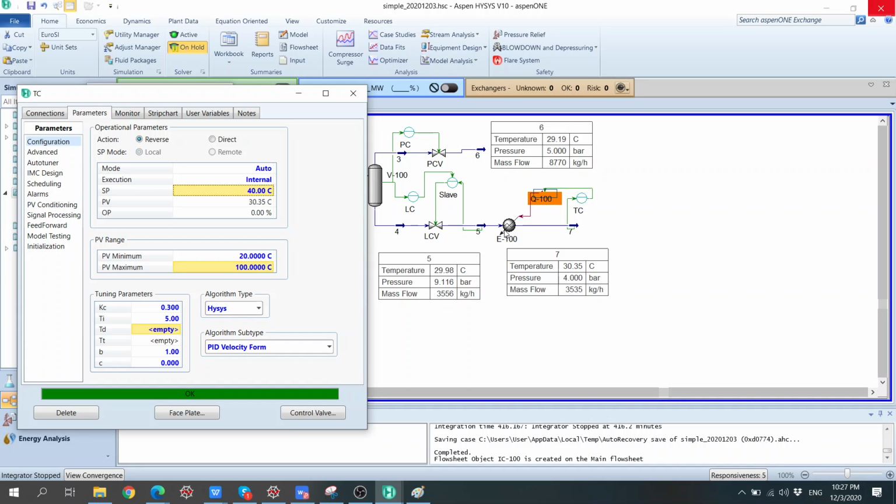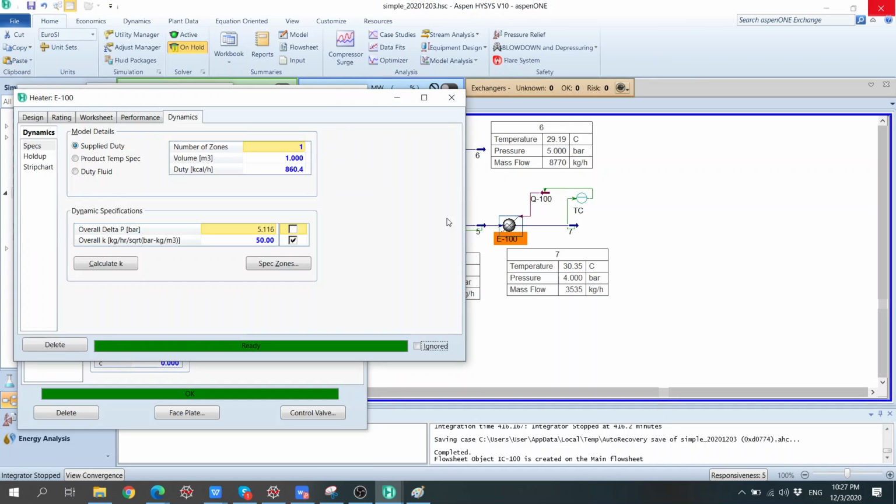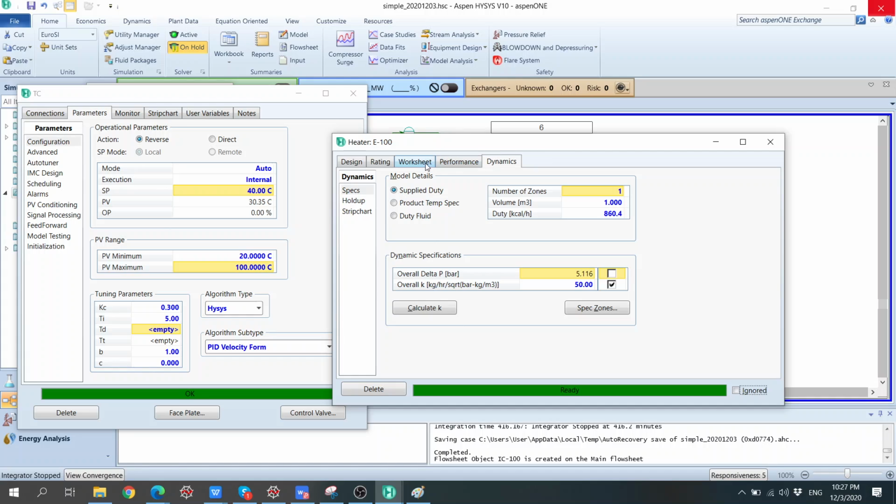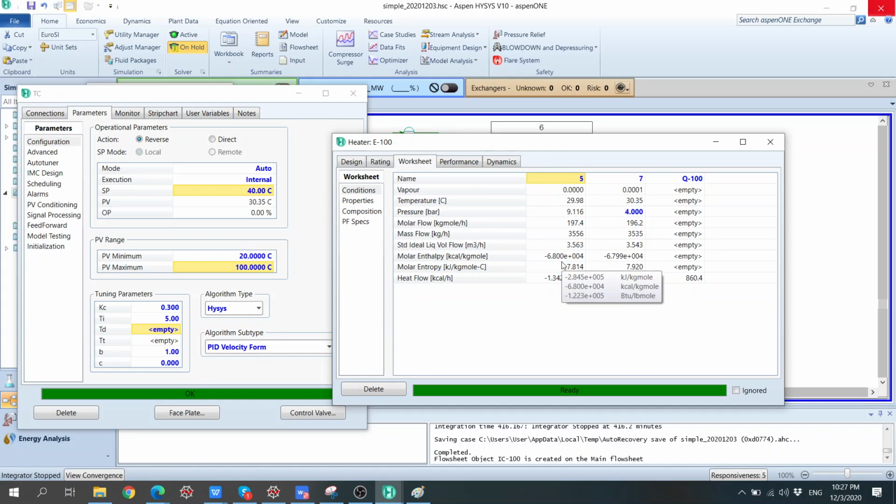Now I don't remember if it's going to be positive or negative. It seems to have an increase in temperature if it's positive, right? That means if we increase it further, temperature will increase. So if the temperature is higher than the set point, we have to reduce this.